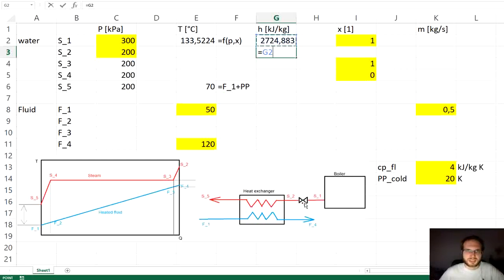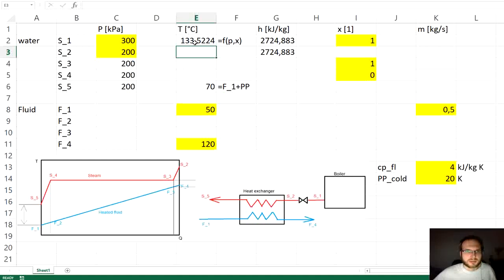So the enthalpy stays the same. Now you can see that for the point S2 we have pressure, we have enthalpy. Those are two thermodynamic parameters which define the thermodynamic state, and we can get from that all the other values, which now here will be just the temperature.